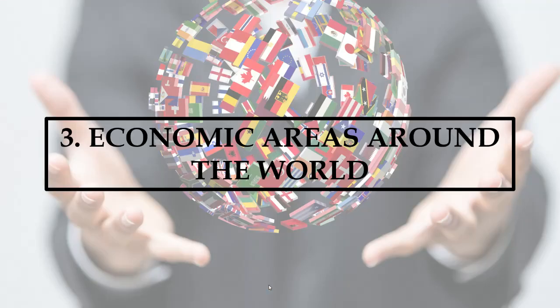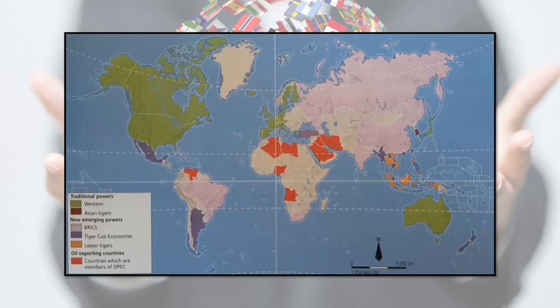And talking about these areas, we are going to go to this last point of the unit with the economic areas around the world. So we can divide the world in different economic regions according to their economic power or their degree of development, and we can group countries in very different ways.